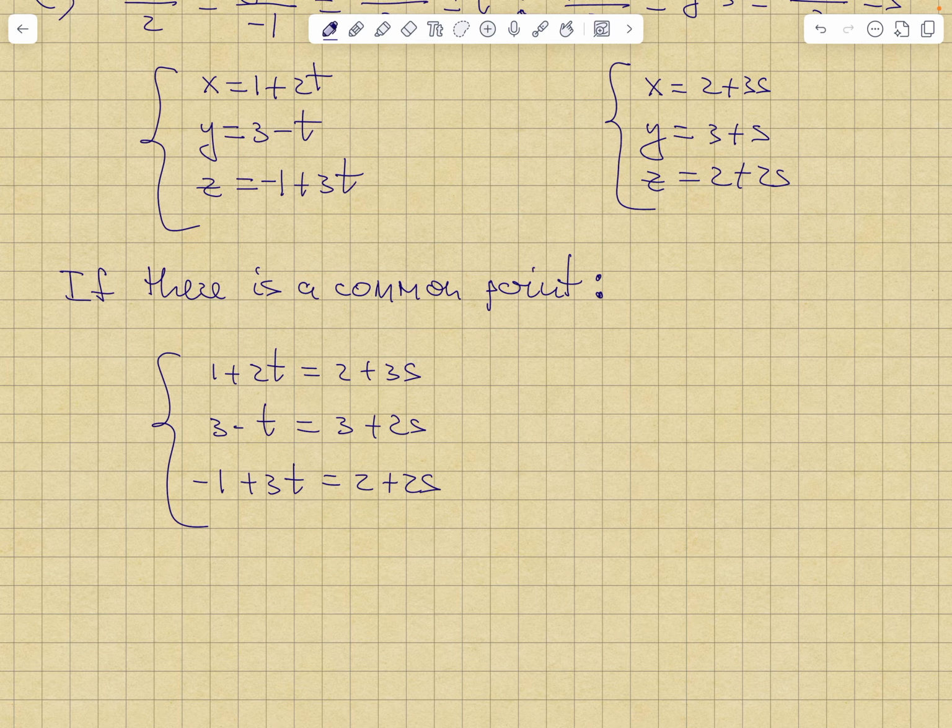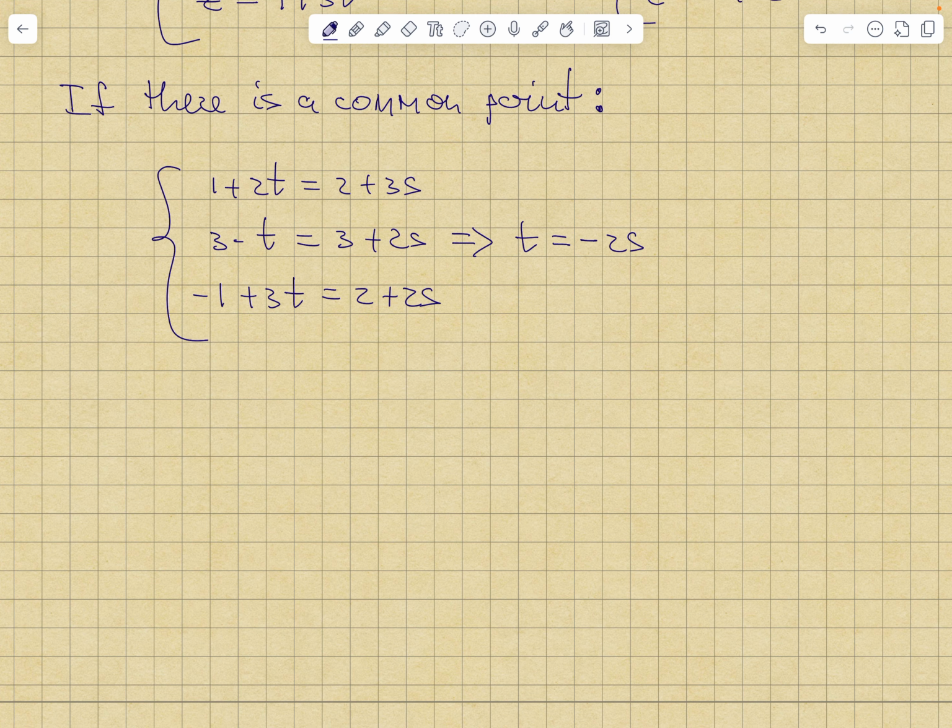From the second equation, if I solve it for t, I have that t is equal to minus 2s. Then I can substitute that into the first and the third equation.